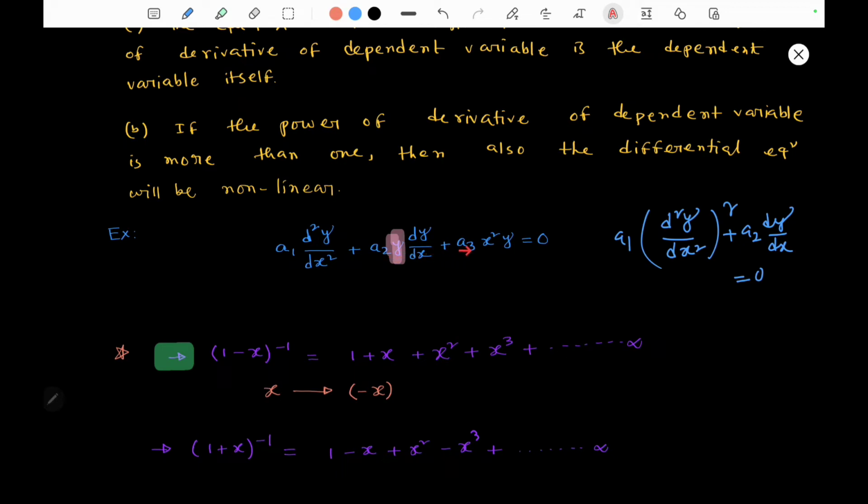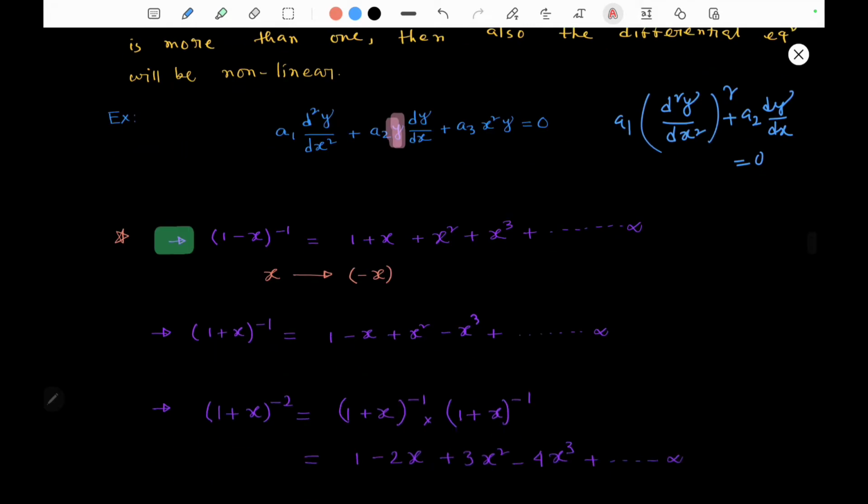If any other terms are there, where only the non-dependent variable x is there, or any constant, then we need to write them on the right hand side of the equality sign. As we don't have any extra constants or any extra dependent variable term, we are writing 0 on the right hand side. So this is a homogeneous equation.